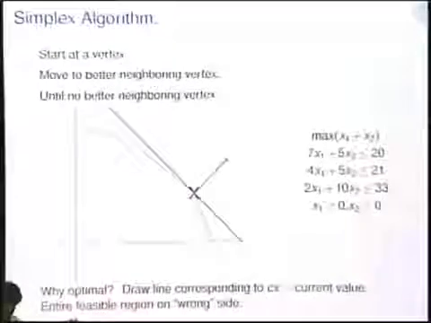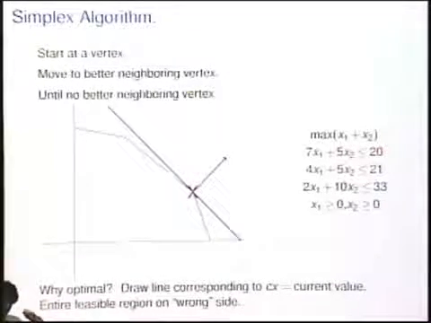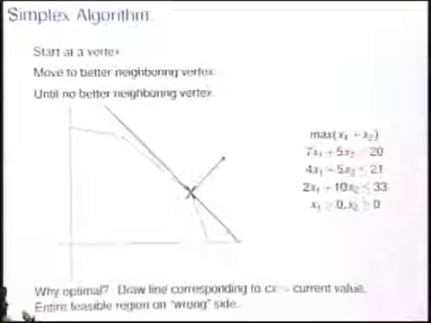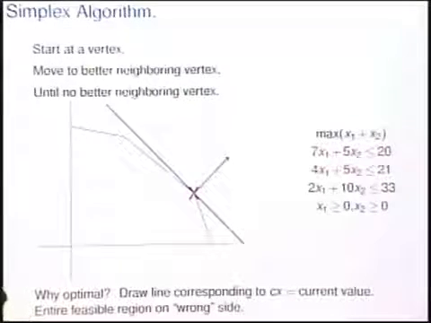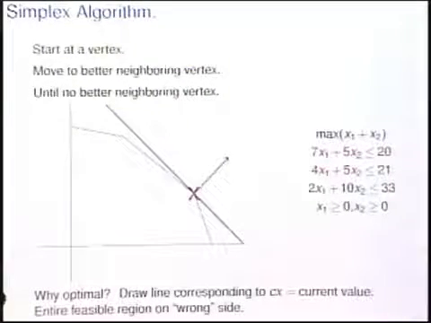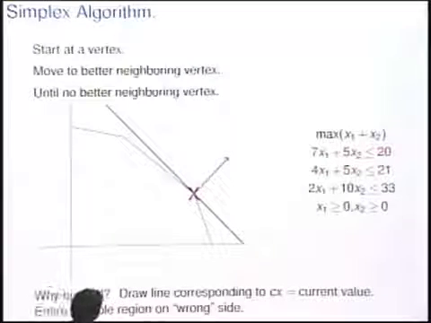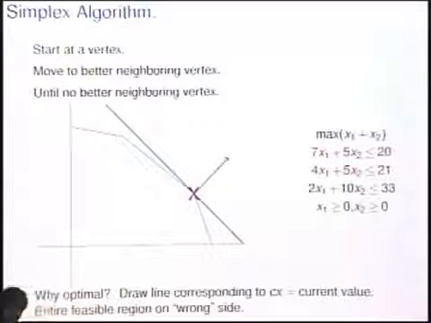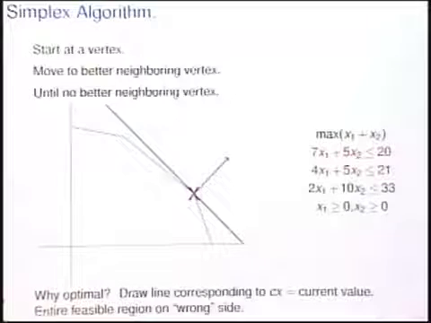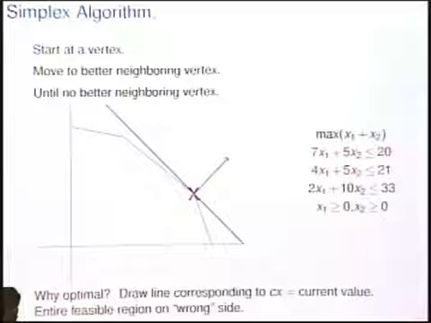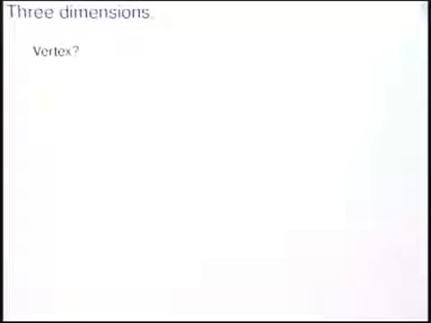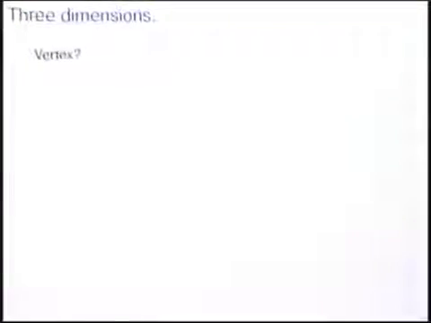The entire feasible region is on the wrong side. Because all your neighboring vertices are on the wrong side, you can tell the whole feasible region is on the wrong side. And that comes from the fact that linear programs are convex. They're convex bodies.